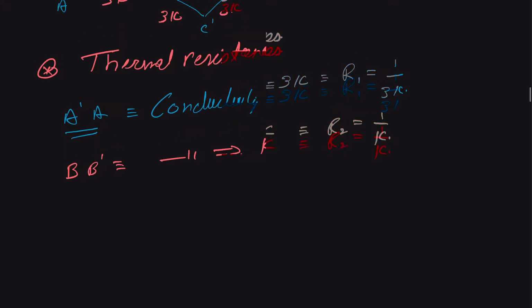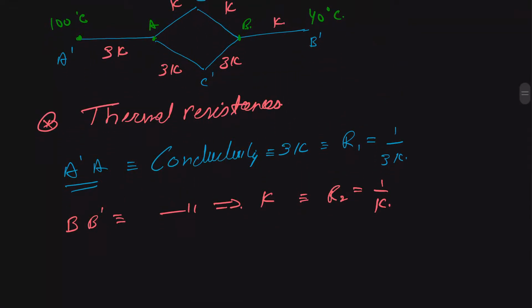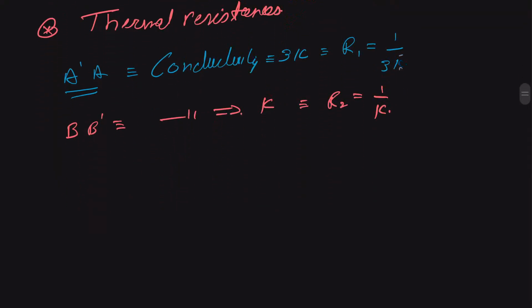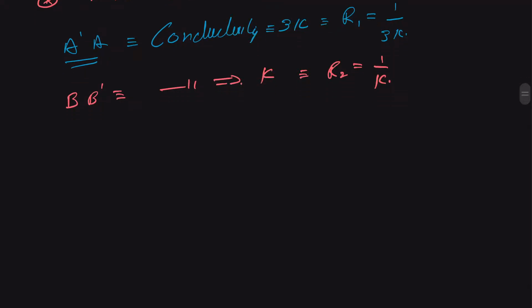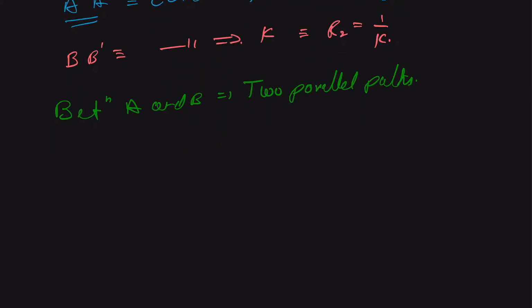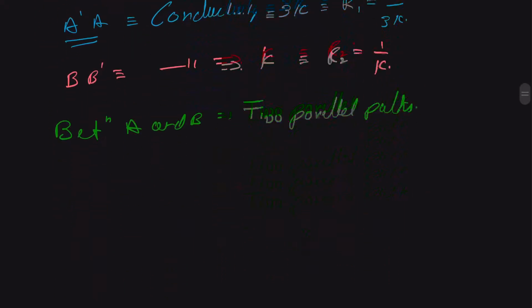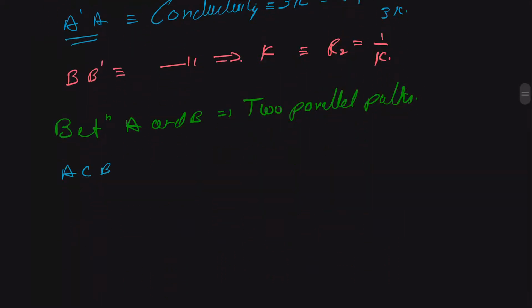And between A and B, we are having basically a parallel combination, so let us calculate it separately. Between A and B, we are having two parallel paths. The first parallel path is our ACB, and they are in series.